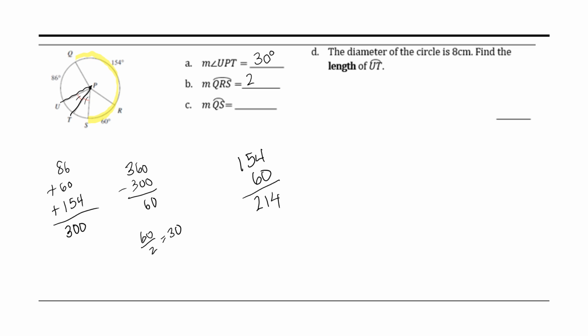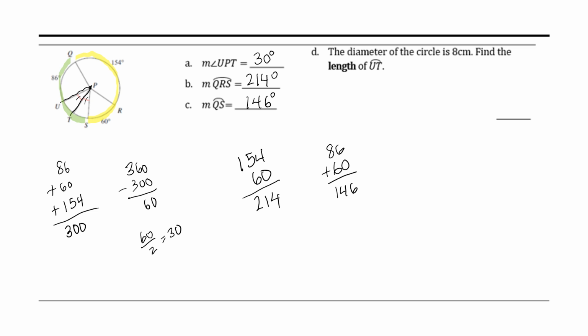So QRS is 214 degrees. QS, which would be the minor arc, QS means I'm going to go the short way around the circle from Q to S. And for that one, I can do 360 minus the major arc, or I could do 86 plus 60, and either way, I'll get 146 for that minor arc.